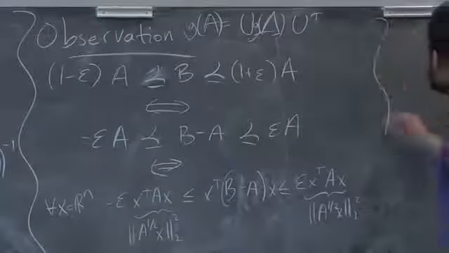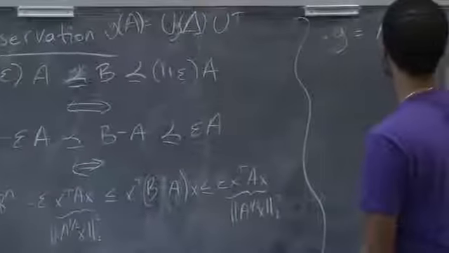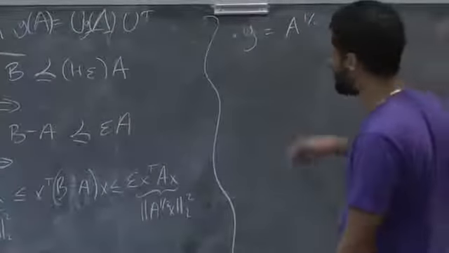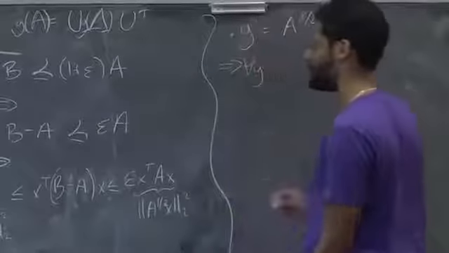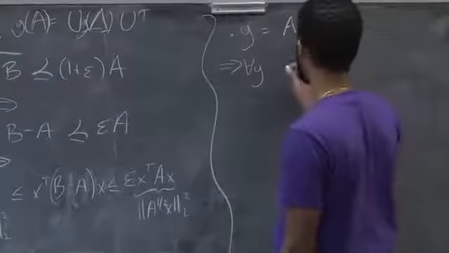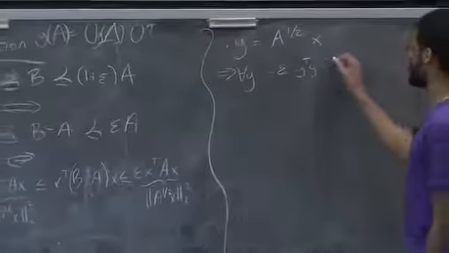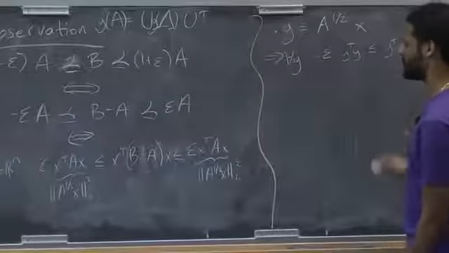Now we can write y as A to the 1/2 x. That implies that for all y, minus epsilon y transpose y is at most y transpose y... and what's x now?